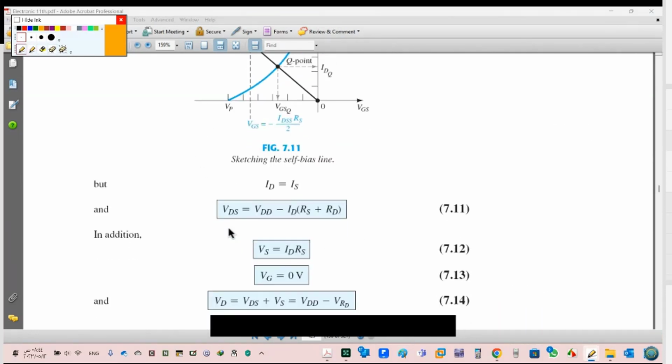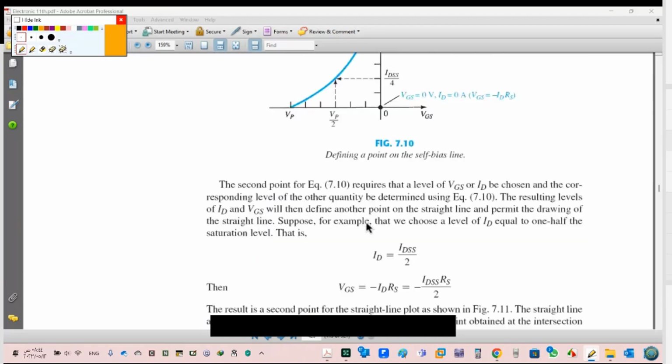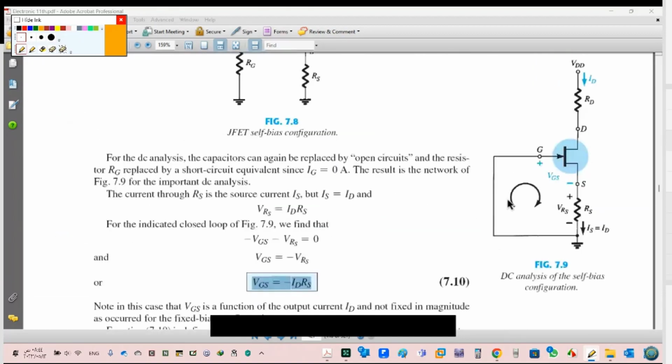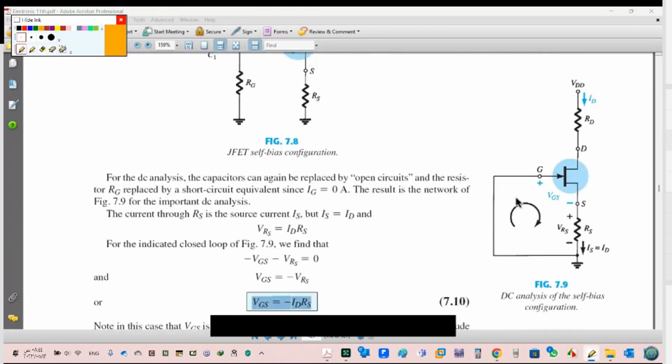After that, you can calculate VDS from the output circuit here. If you remember, we did the same thing for BJT. We have this output, so it is minus VDD plus ID RD plus RS plus VDS equals 0.